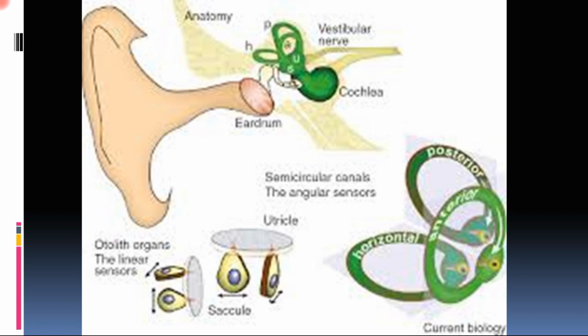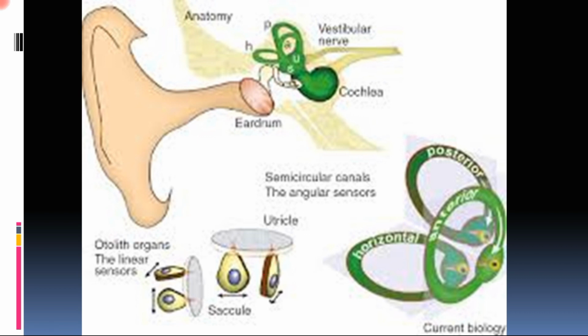Another important aspect to understand is, as you can see, there are various orientations of the hair cells. The various orientations of the hair cells in that horizontal aspect are important to give us information of various degrees of tilt.